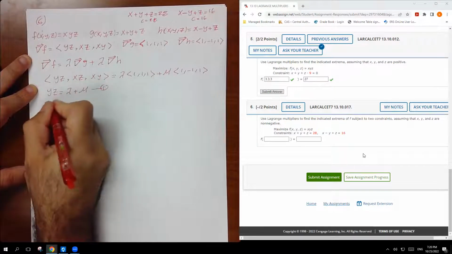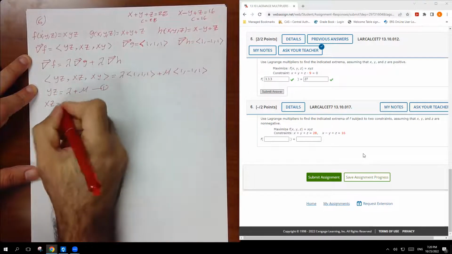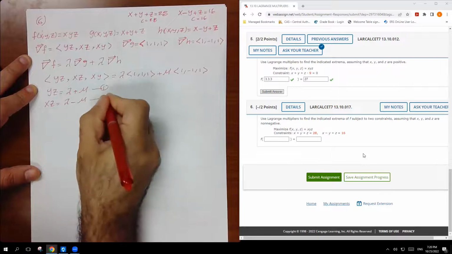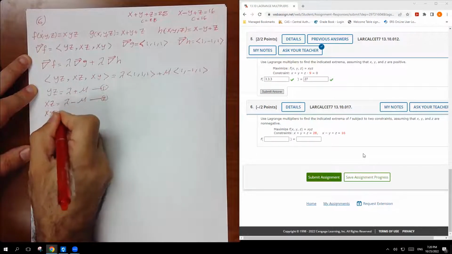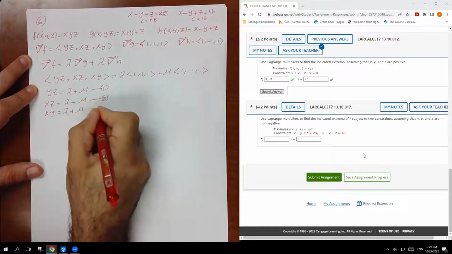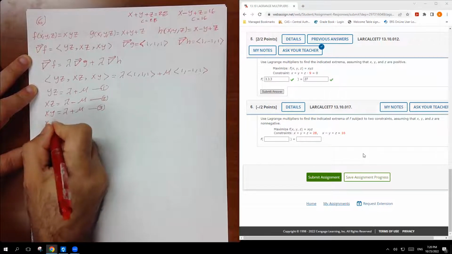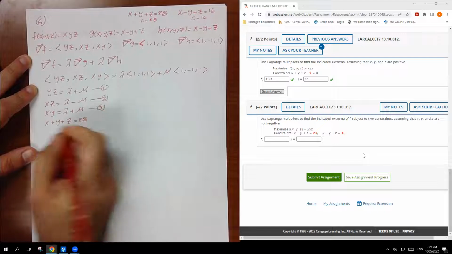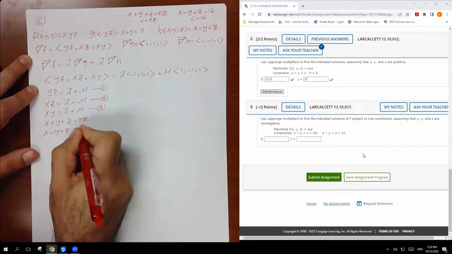Xz is going to be lambda minus mu. This is the second one. Xy is going to be lambda plus mu. And the constraints: x plus y plus z equal to 28, and x minus y plus z equal to 16.